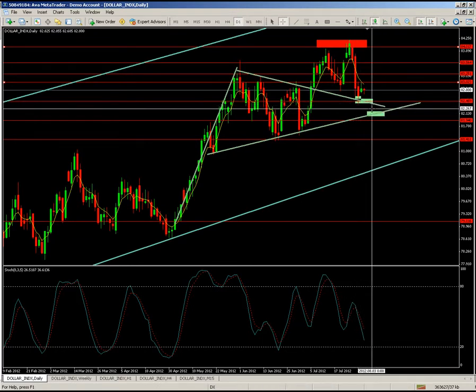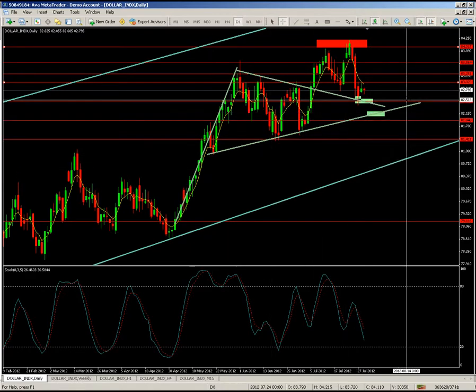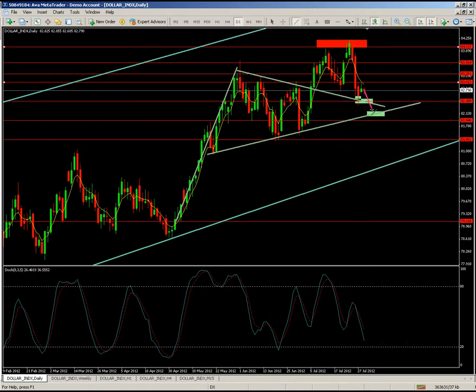And if we do break that, which I would like to see, but I don't think that will happen today, if we do break that, I would like to see a push down to 82.10, which is the bottom of the pennant.